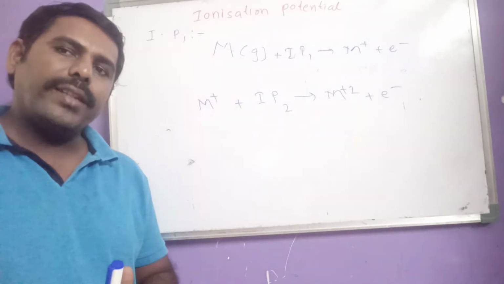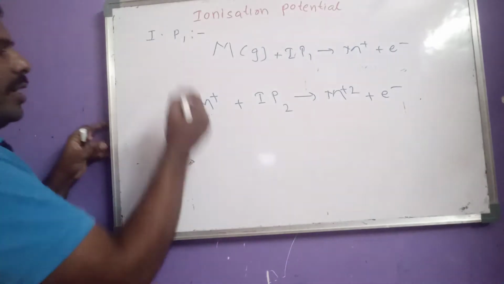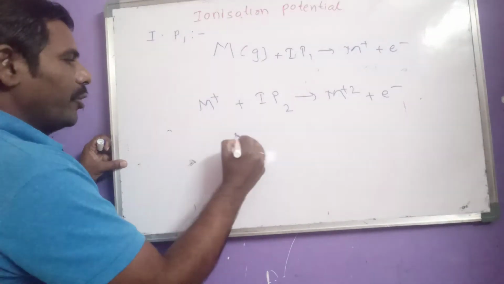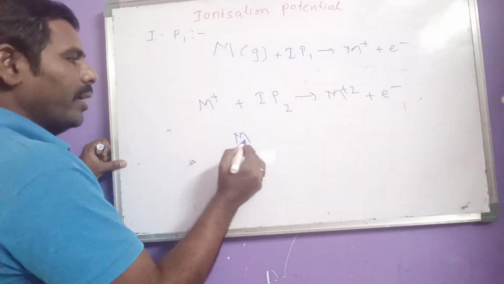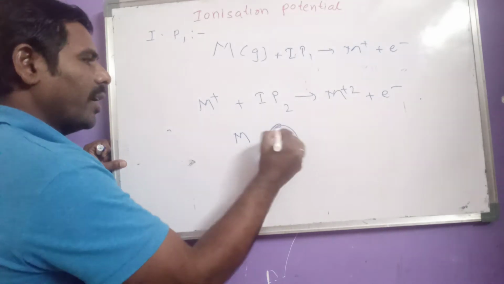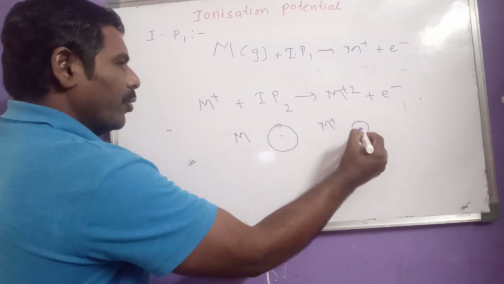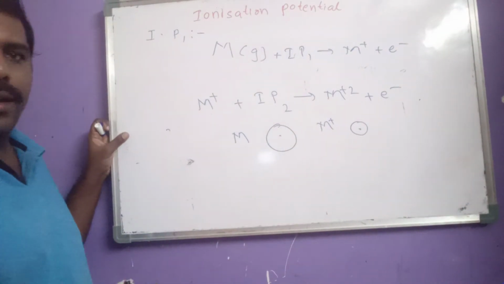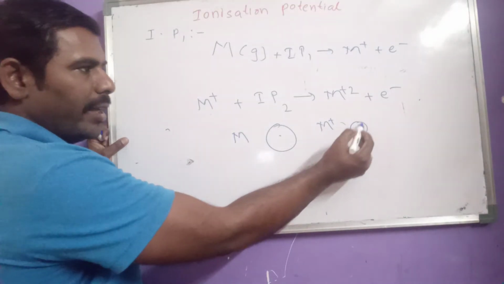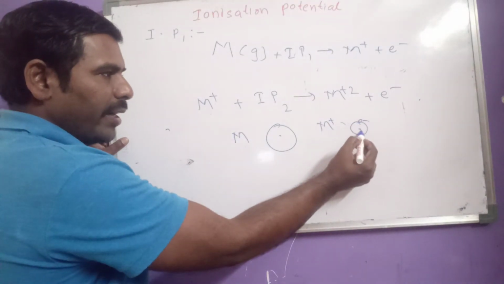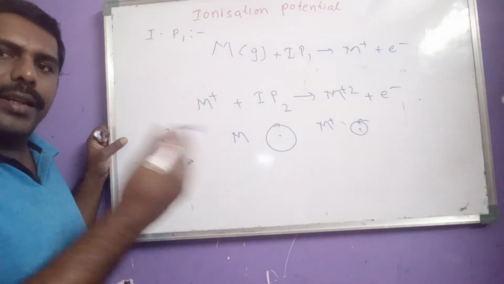What is the reason for this? If you consider a neutral gaseous atom, it has a larger atomic size compared with the unipositive cation. As the size of the cation decreases, the nuclear attraction on the outermost electron increases.